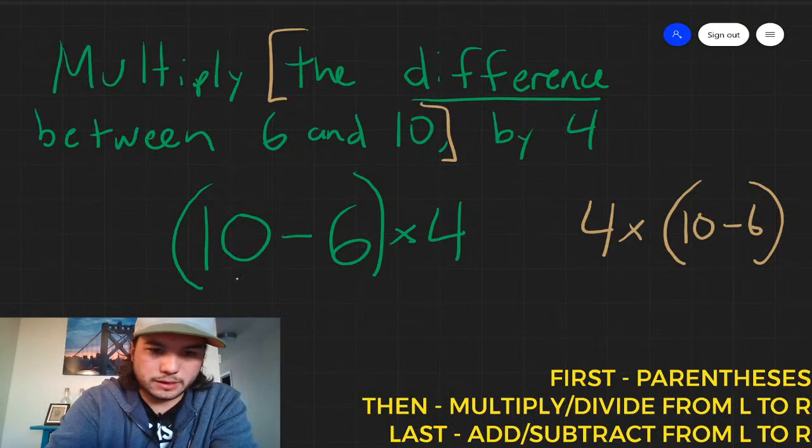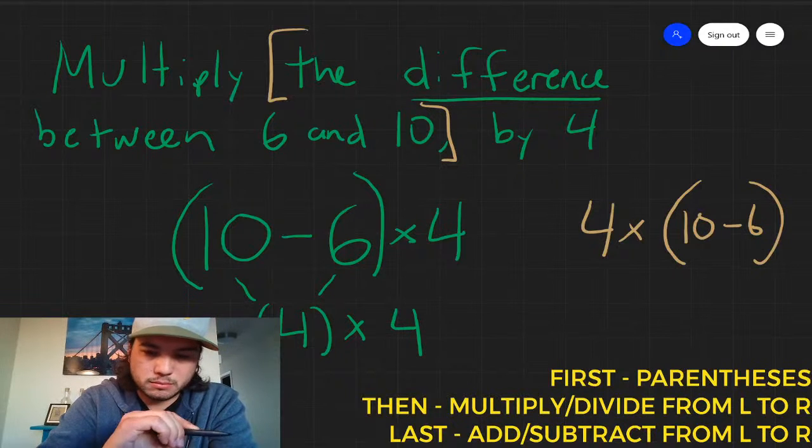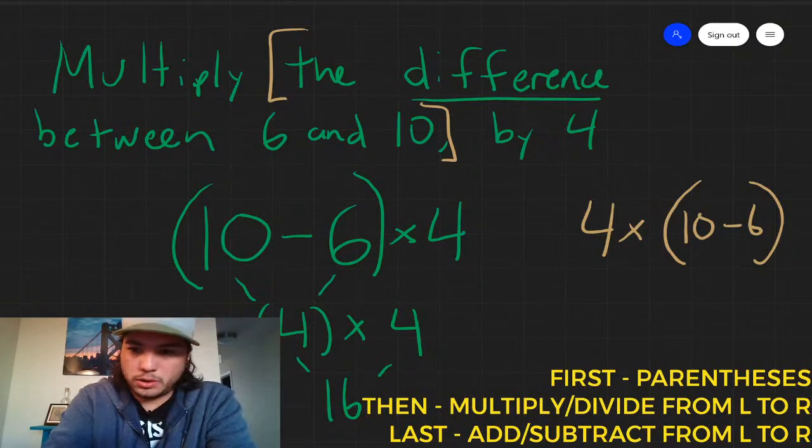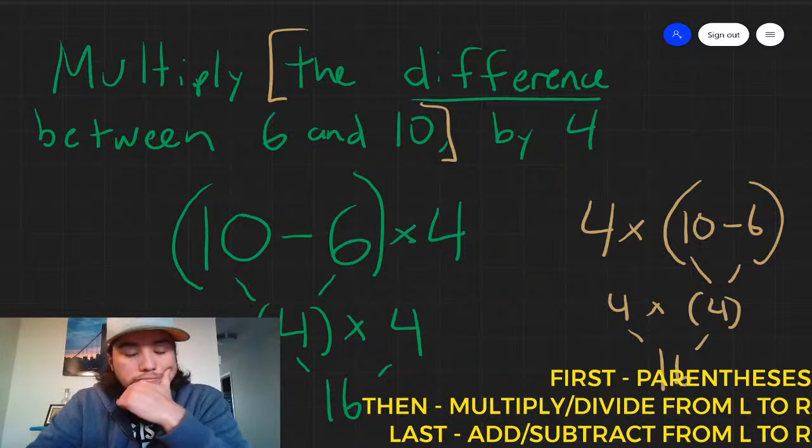Okay, so start with 10 minus 6 is 4 times 4 equals 16. And then in our gold one, 10 minus 6 equals 4 times 4 equals 16. Yeah, they both work.